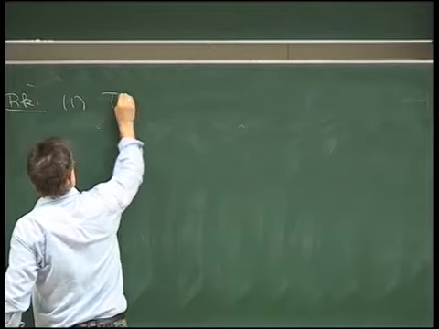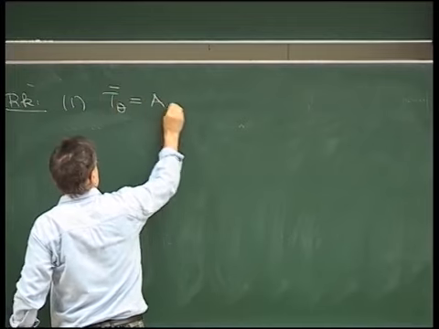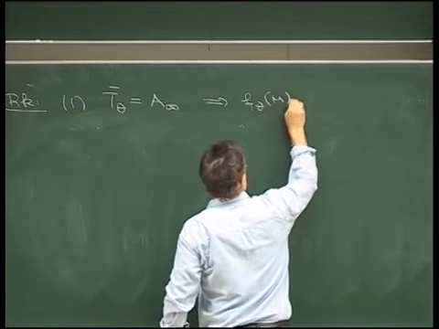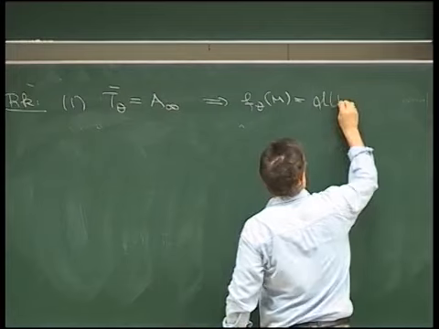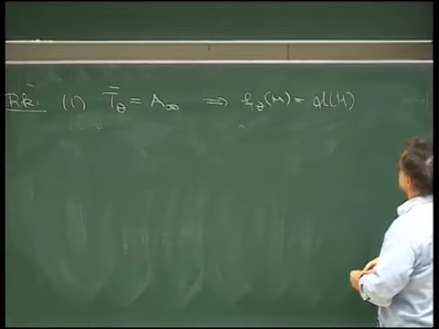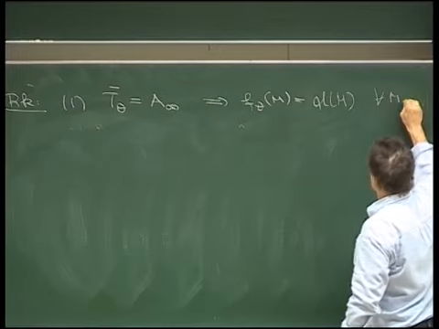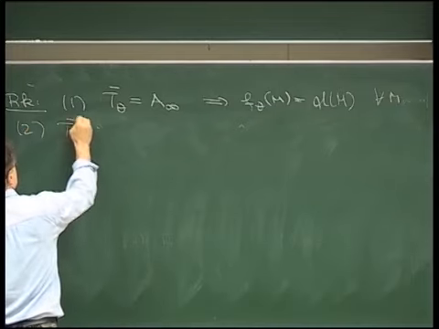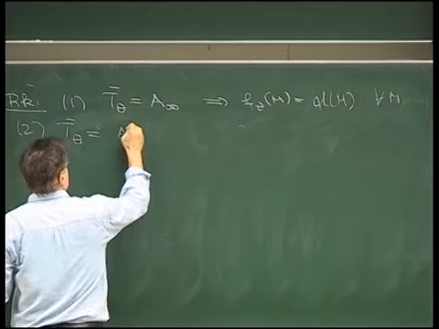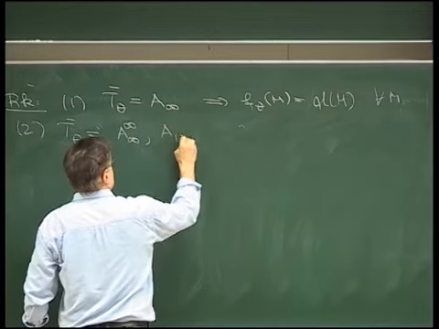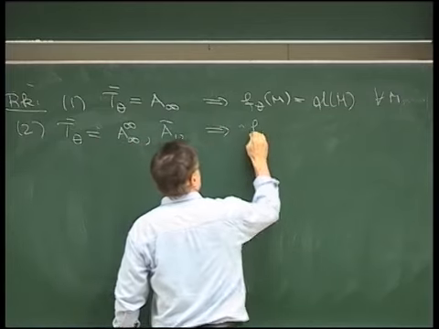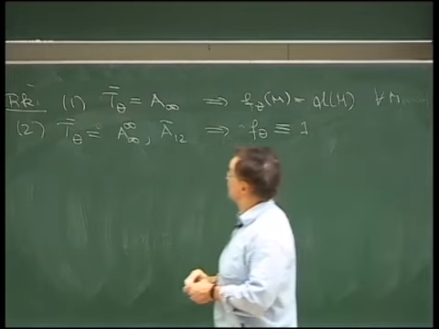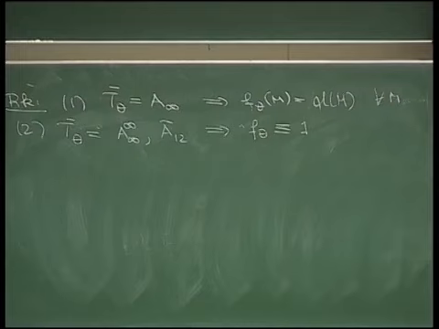So if t theta bar is A infinity, then f theta of m is just the quasi-length of m for all m, and if t theta bar is A double infinity or A1 tilde, then this function f theta is identical to 1.